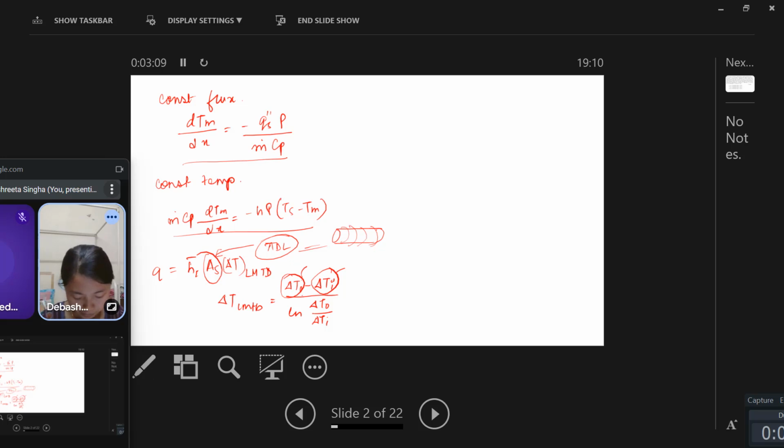So the Nusselt number is a constant 4.36 for laminar flow. This is in the fully developed regime, okay? And this is for fully developed laminar and constant flux case.